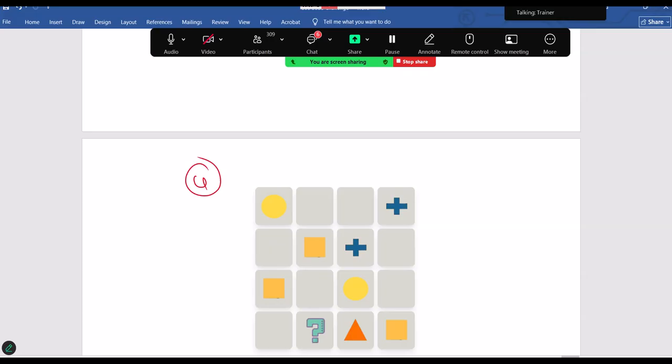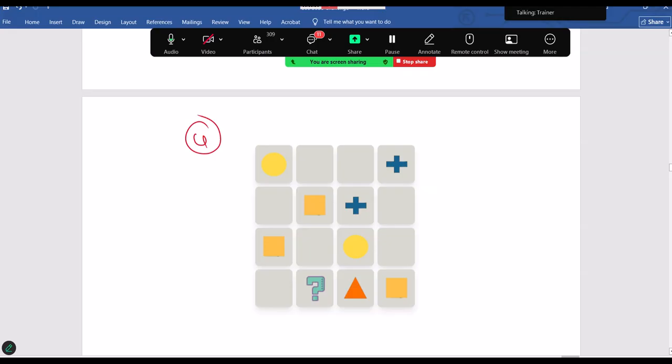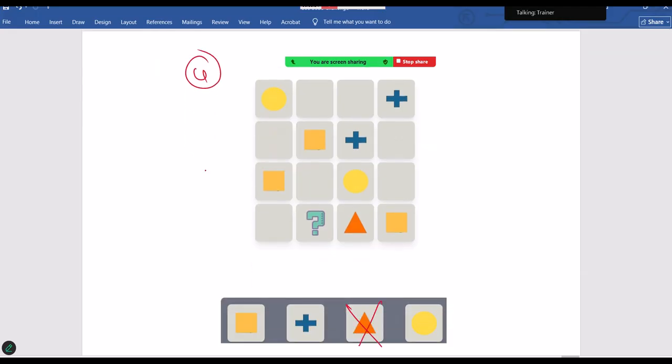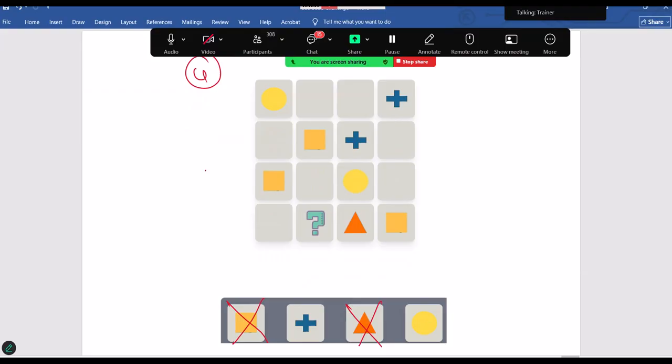Here, as per row point of view, triangle gone, square gone. Triangle we cannot fill, square we cannot fill. Now possibility for plus or circle.